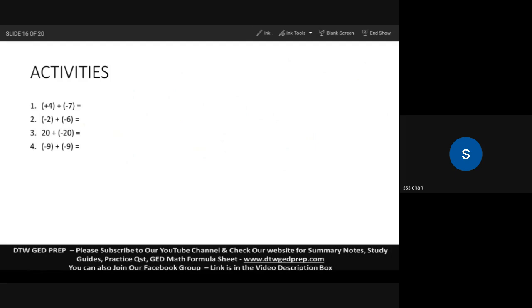So we go further. The fourth one says negative 9 plus negative 9. What does this give you? You are adding a negative 9 to negative 9. So the plus minus here becomes negative, and then you have your 9.